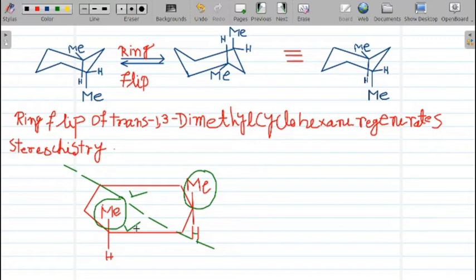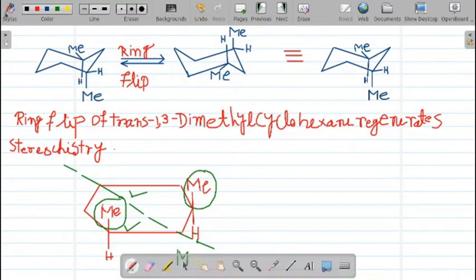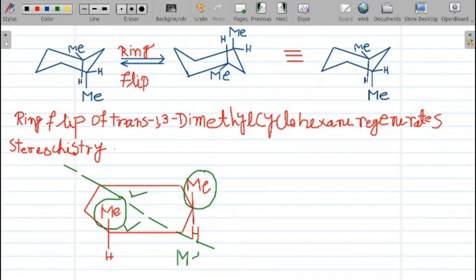So cis 1,3 disubstituted cyclohexane is a meso compound, and a meso compound means that it is an optically inactive compound.